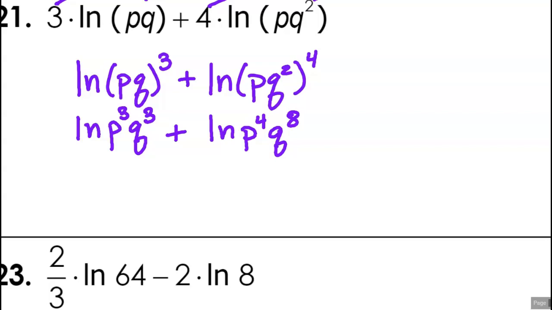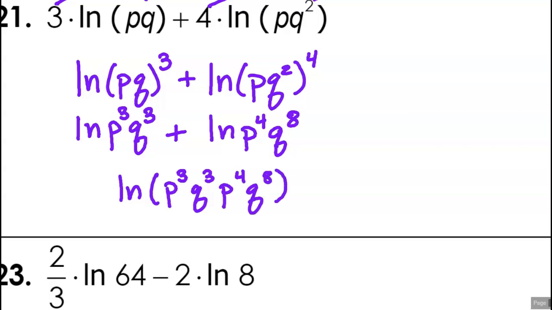Yes, we have two logs being added together. They can be condensed by taking the arguments and multiplying them. So we have the ln of p to the power of 3 times q to the power of 3 times p to the power of 4 times q to the power of 8.